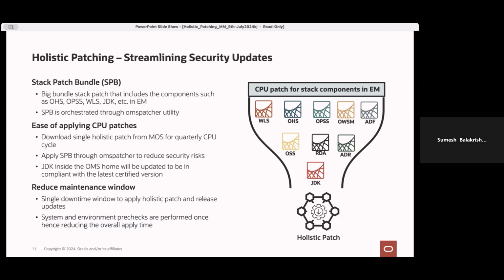It's our responsibility to make sure we are bundling all the patches required for a given CPU cycle, and that no components are missed when we bundle the single stack patch. So that's an overview of holistic patching.